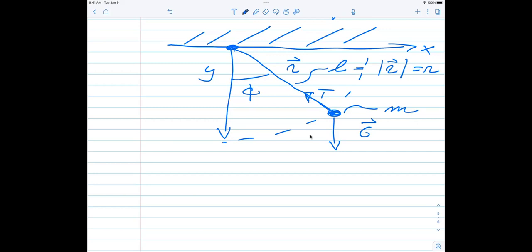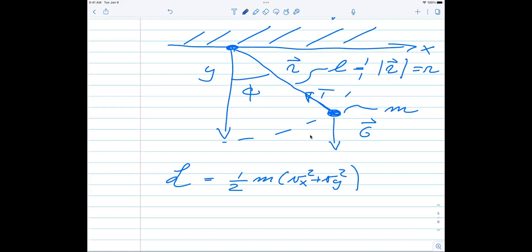So if I want to set up the Lagrangian here, what I can do now is the following. I think this is a pretty nice way of analyzing a physics system. So if we now set up the problem, let me just write it down here. We would have a kinetic energy, which is given by the mass of the object, the velocity in the x direction plus the velocity in the y direction.